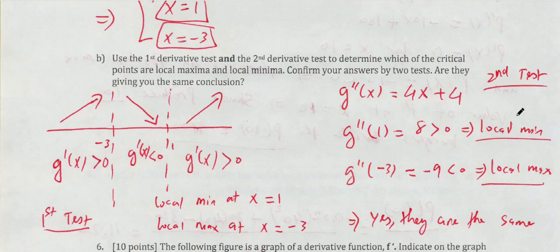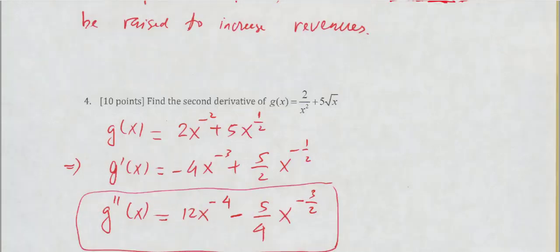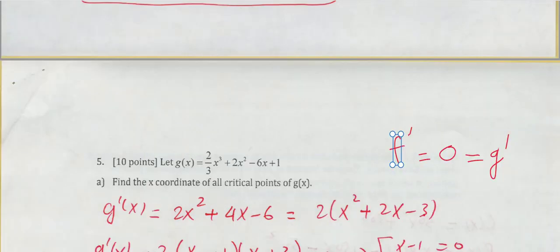Now let's try the second derivative test. In order to use the second derivative test, we have to know g double prime. We got g prime here. Sorry, go back here. Where is it?